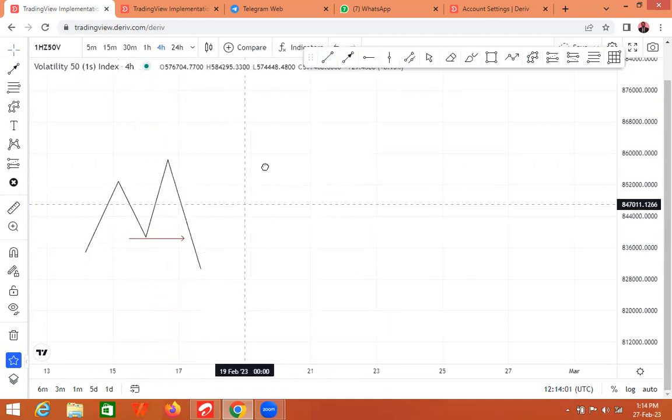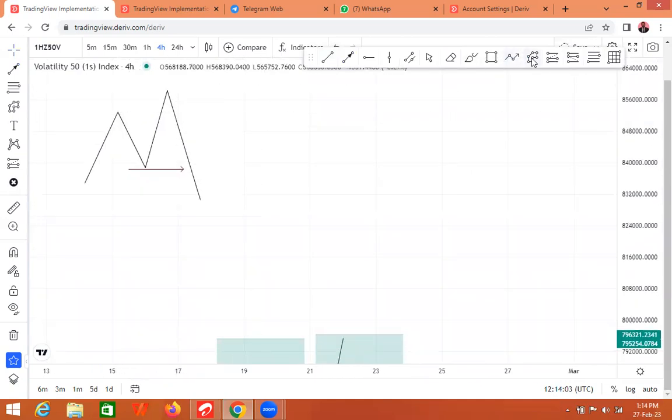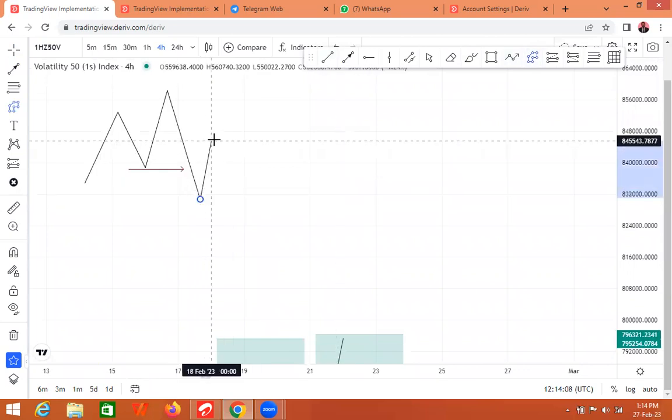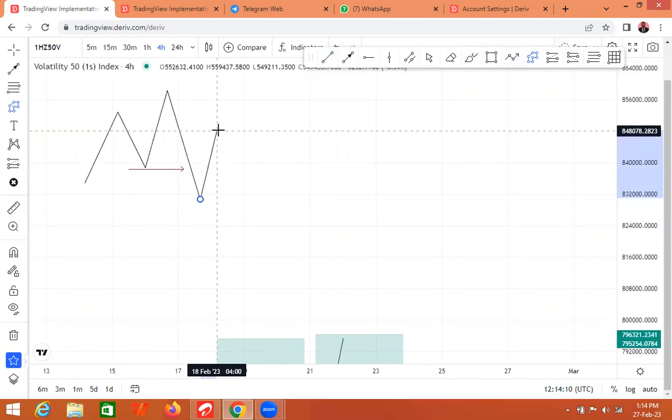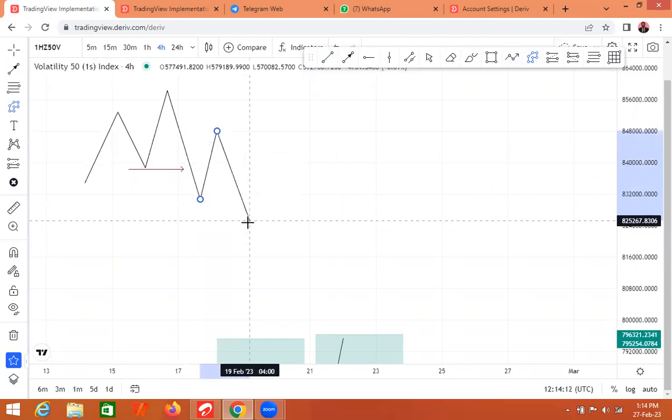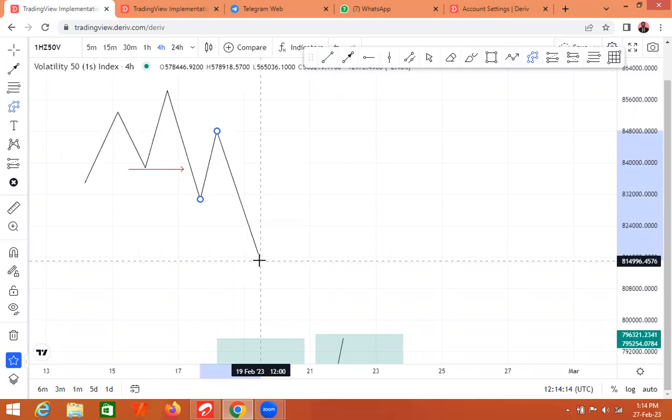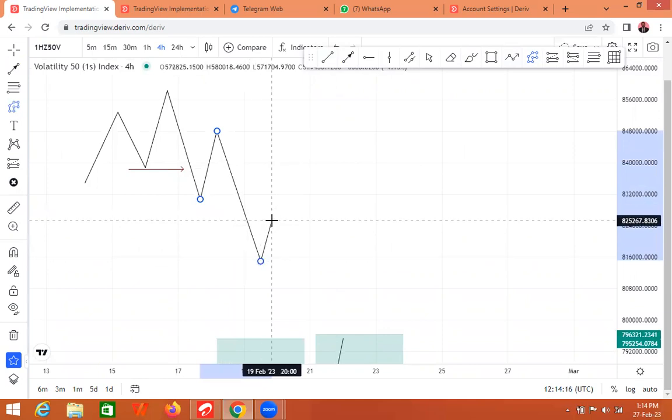So price will come, first price will come back and retest. Remember, we are selling. So price comes, this is a bearish trend now. Price comes, retests. And then price comes, gives you this.